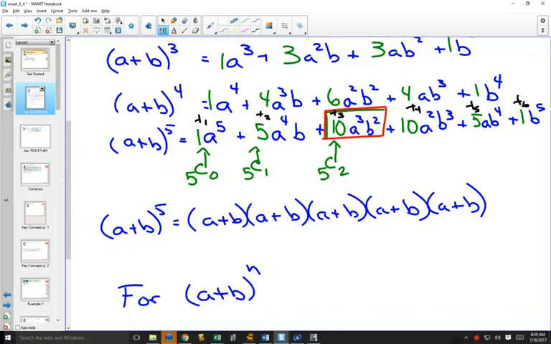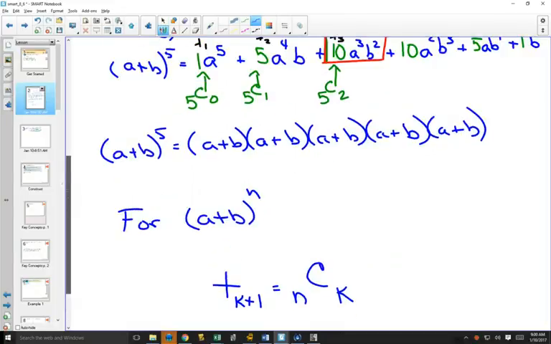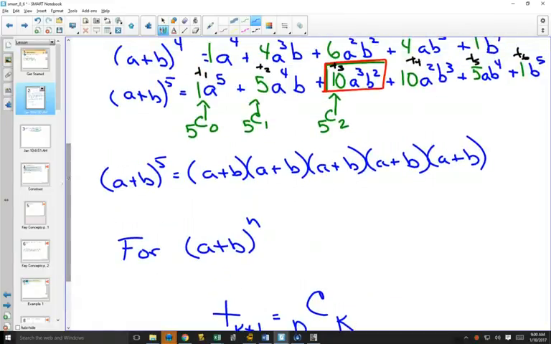So when we're trying to find a term, in the formula, it has t sub k plus 1. So it's a weird formula in that it has one more than a variable already. It's so that when we look at, for example, which one did we square? We squared term 3. Can you see that the coefficient in front of term 3 is 5 choose 2?